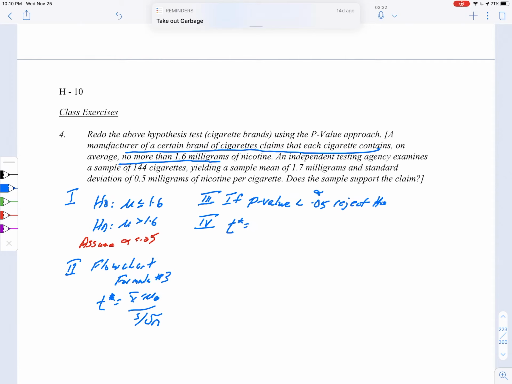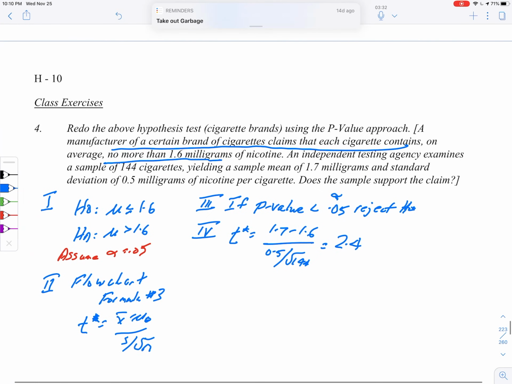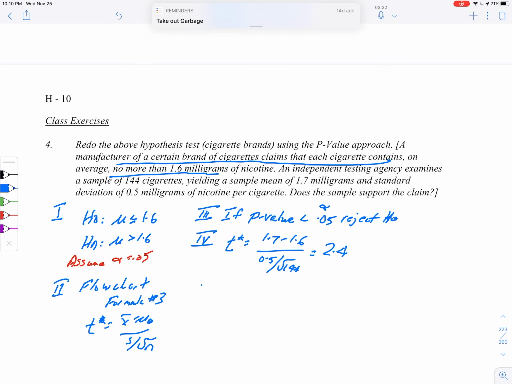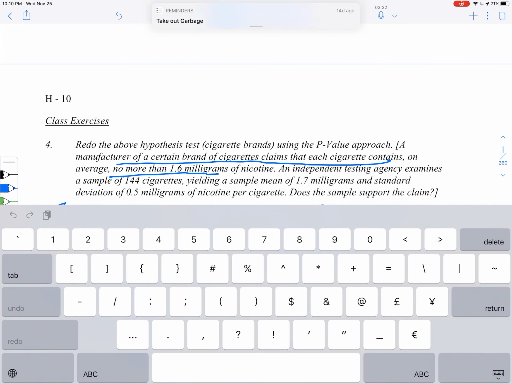Step number 4 is where we take the sample now and stick the numbers in. So we got 1.7 minus 1.6 over 0.5 over the square root of 144, and that comes to 2.4. Step number 5 is we take a look at where that 2.4 actually lands in a t-table.